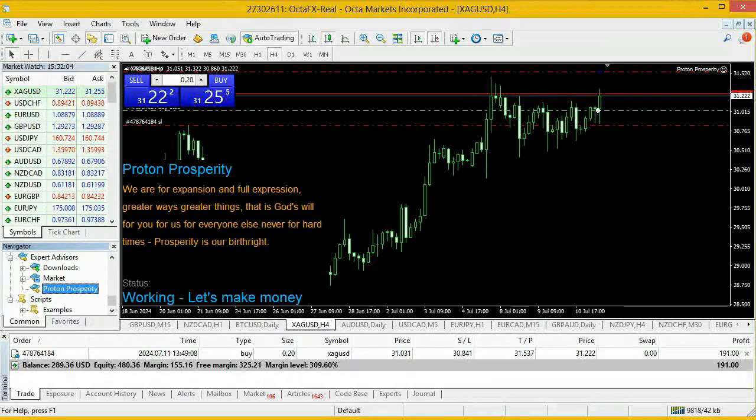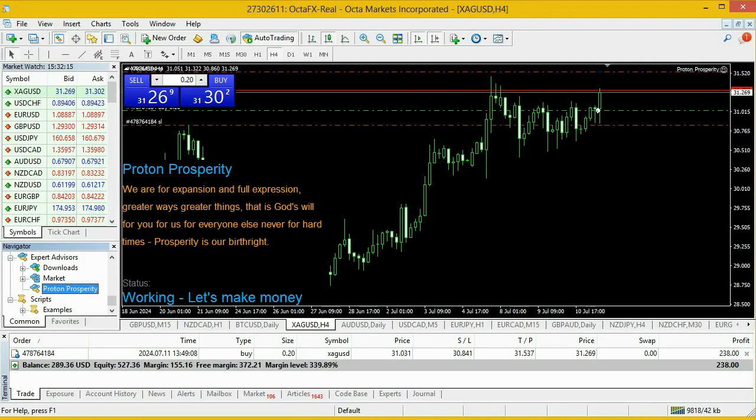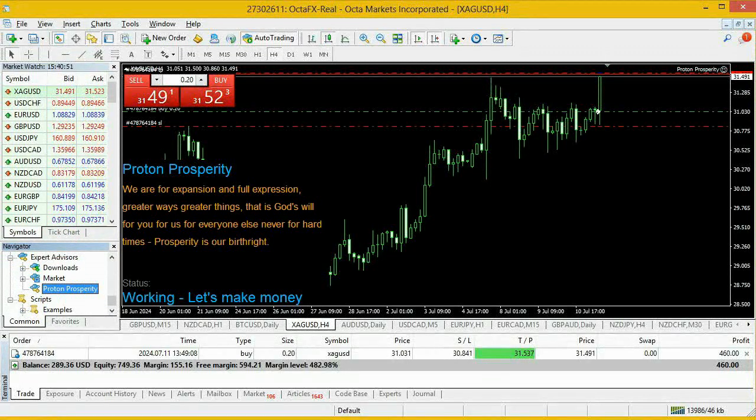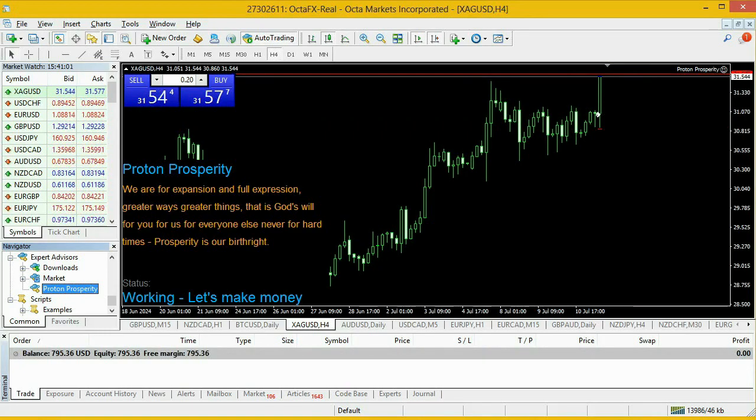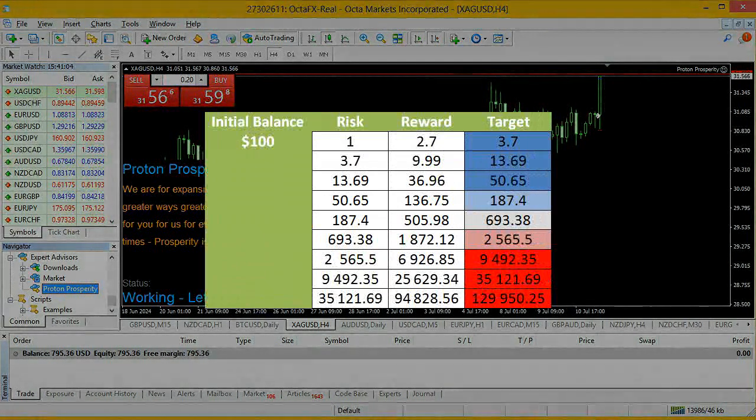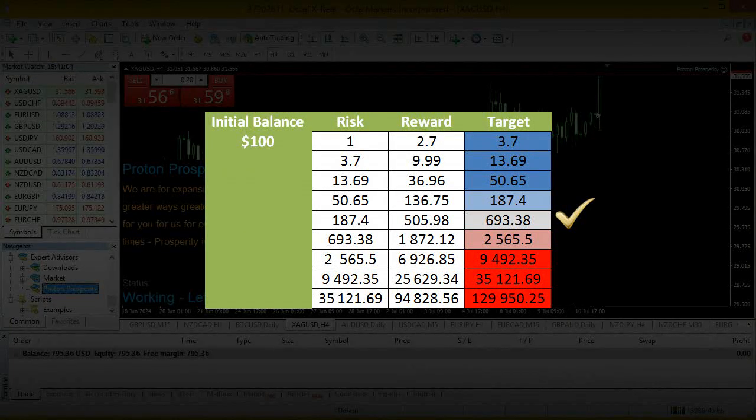This is where we are, 1 hour 41 minutes into the trade. A couple of minutes later, we are almost there. Take profit triggered. We are now here.